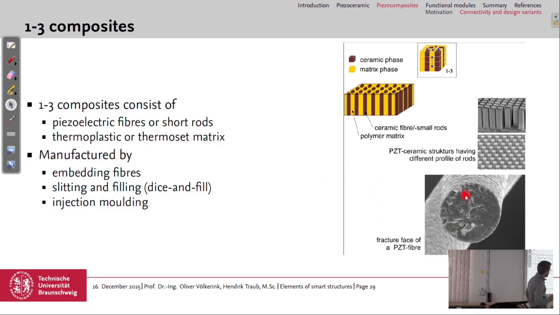Here we can see a microsection image of a PZT fiber. The scale is, I think, 10 nanometers, I'm not quite sure. The ceramic phase is lines, so 1 connectivity, and the matrix phase has 3 connectivity.